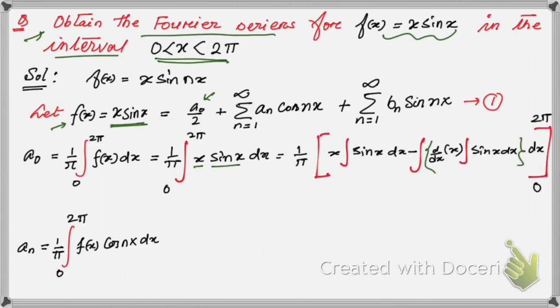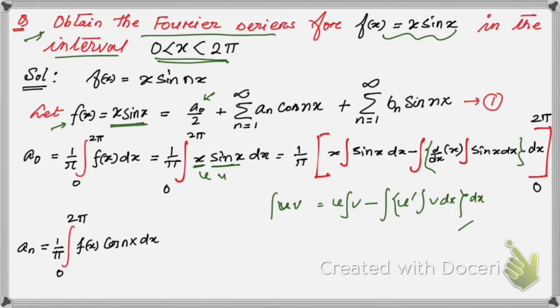So here we have used the product rule: this is u, this is v, and if you have the integration of u v, then it is u times the integration of v, minus the integration of the derivative of u times the integration of v, dx.